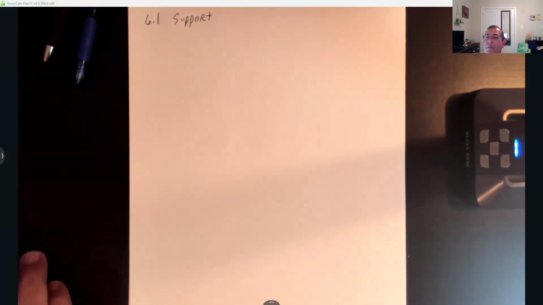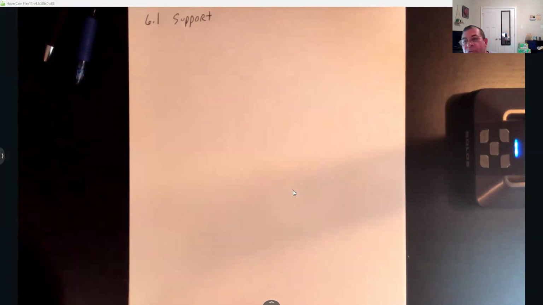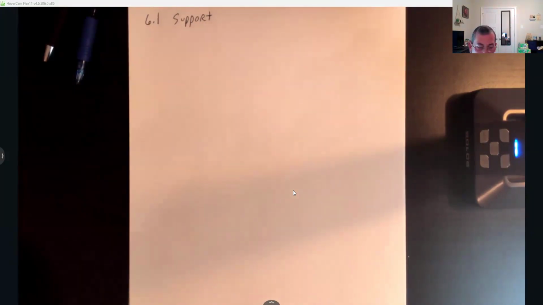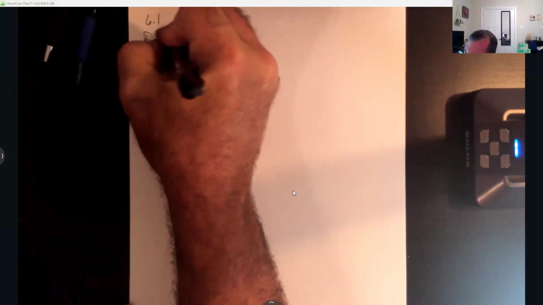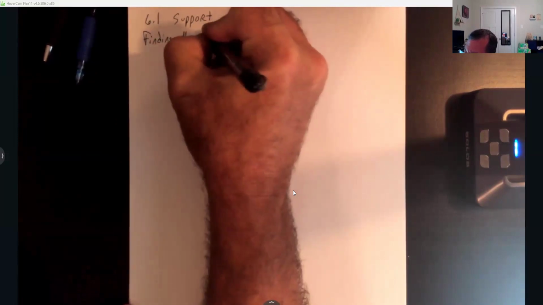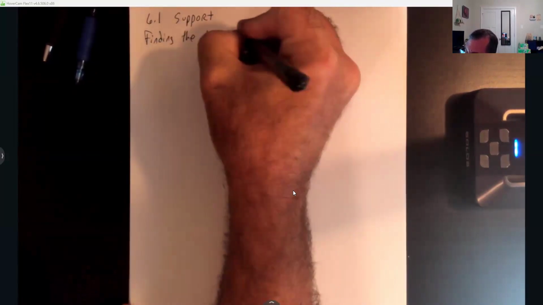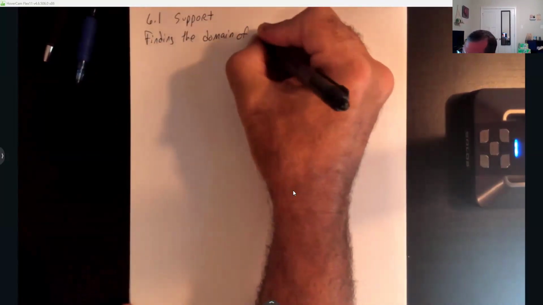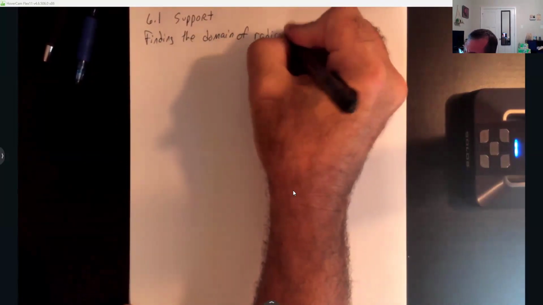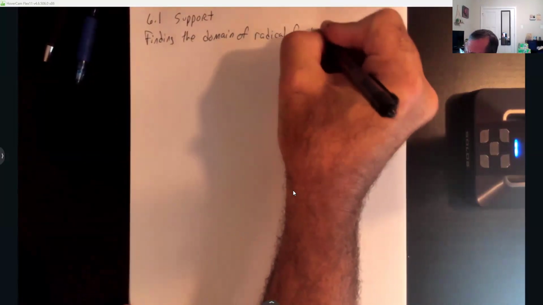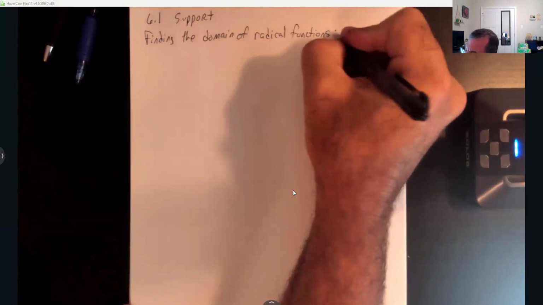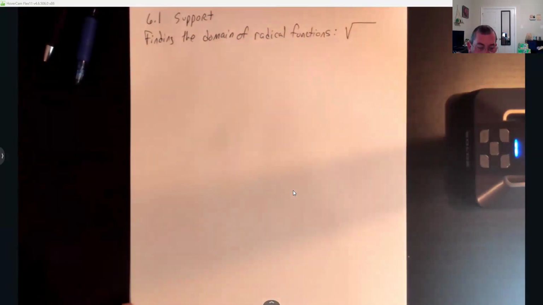Okay, yeah, so it's still the same. The 6.1 support is just 3 problems, but it's getting you ready for radicals and finding the domain of radical functions. We're dealing with square roots in here, okay?